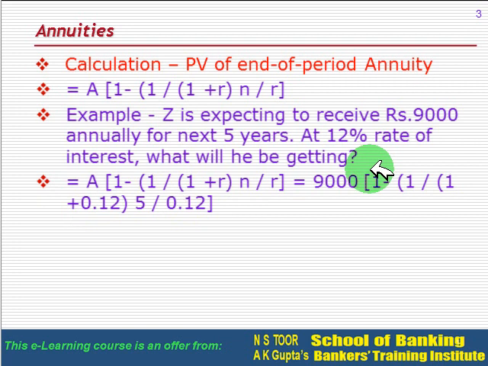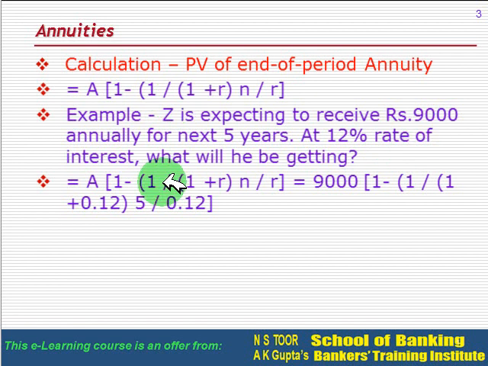So here we are going to calculate the present value of end of the period annuity. This annuity, rupees 9,000, is going to be received in the next 5 years. What will be its present value at 12% rate of interest?